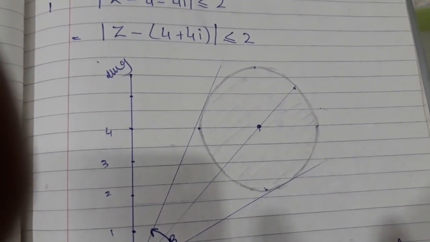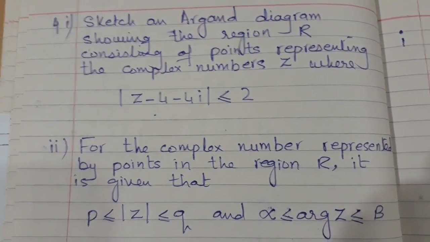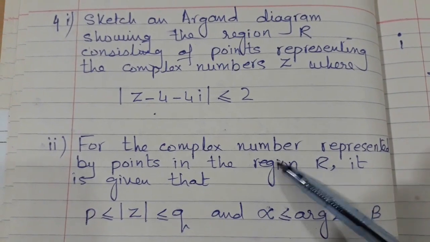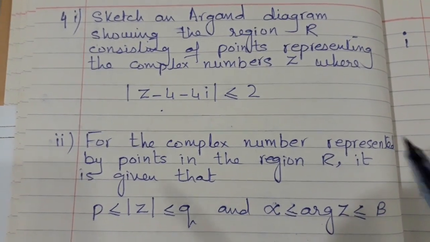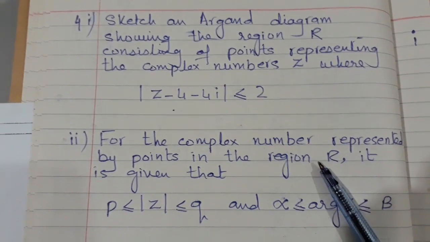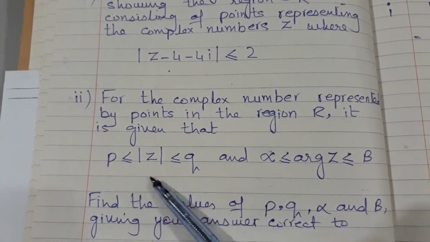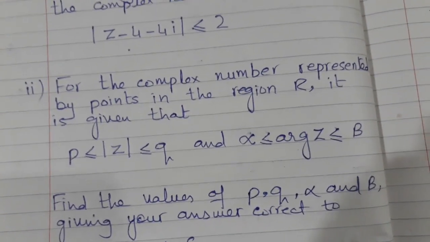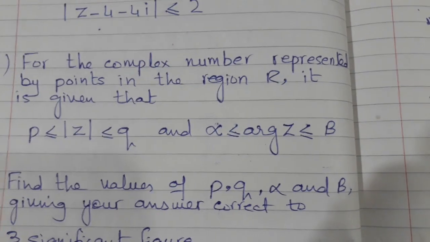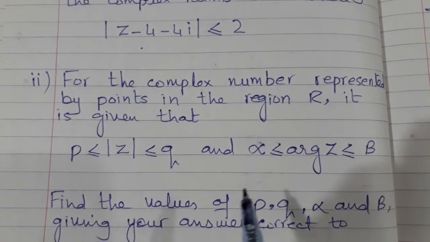Now let's see part 2. The part 2 of the question was saying that you have found a region R here, right? We have just seen that. So now in that region, for the complex number this, find the values of p, q, alpha and beta. So now we need to understand what these loci basically mean.